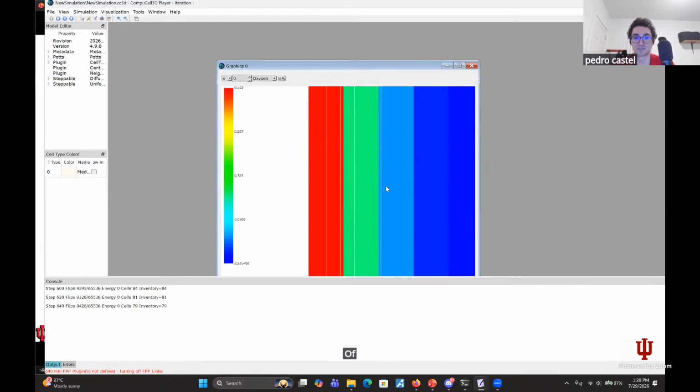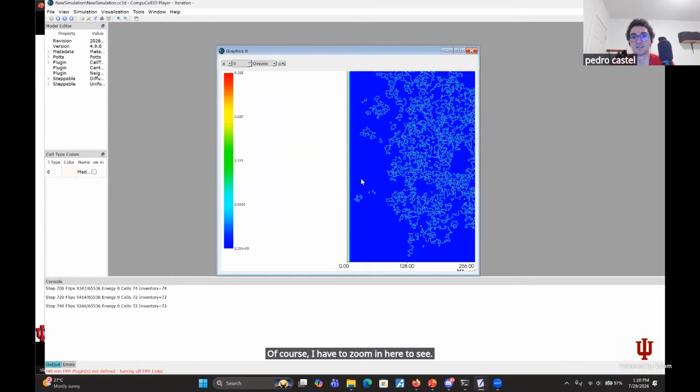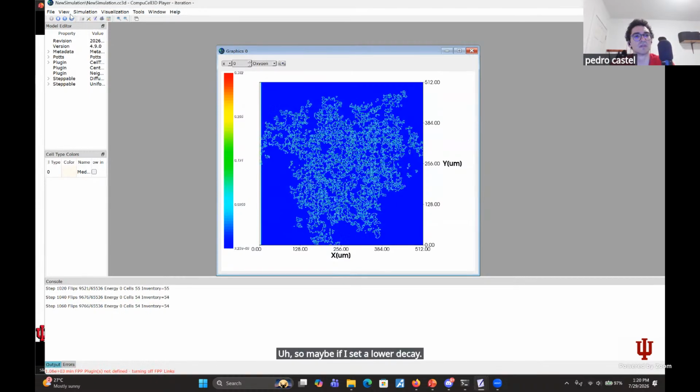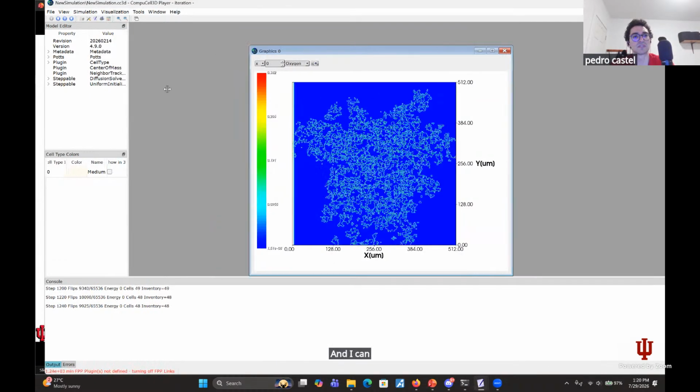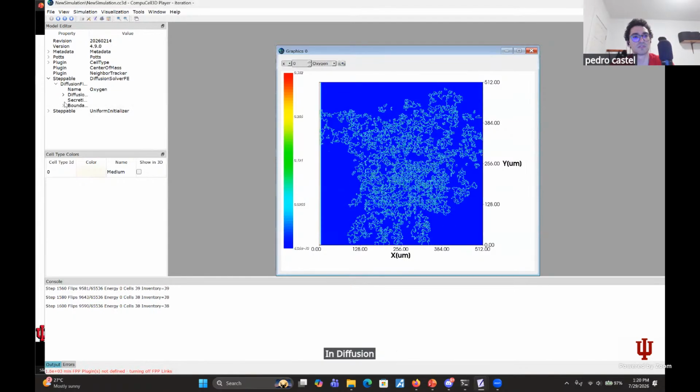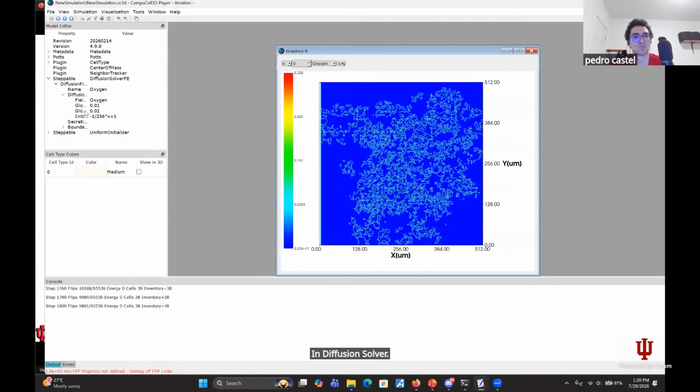Of course, I have to zoom in here to see. So maybe if I set a lower decay, and I can set that over here in the model editor in diffusion solver, global.